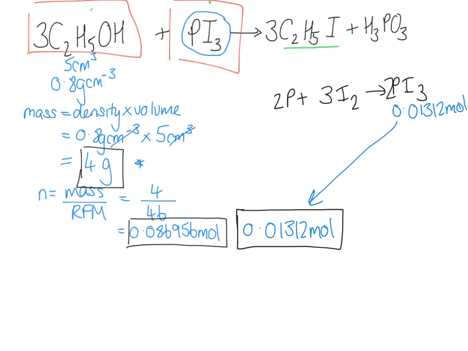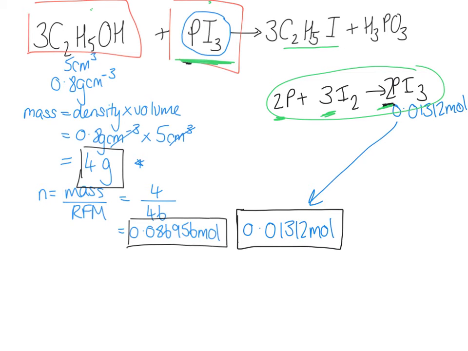And the reason I can use that directly, 0.01312, rather than halving it, is because I don't use these balancing numbers between equations. I only use them within the one equation. So in this equation here, yes, 2 moles of phosphorus react with 3 moles of iodine to give me 2 moles of phosphorus iodide. But that doesn't mean then suddenly I have half the number of moles when I come to this equation. Okay, the balancing numbers are there just to balance one equation. They're not balanced between equations.